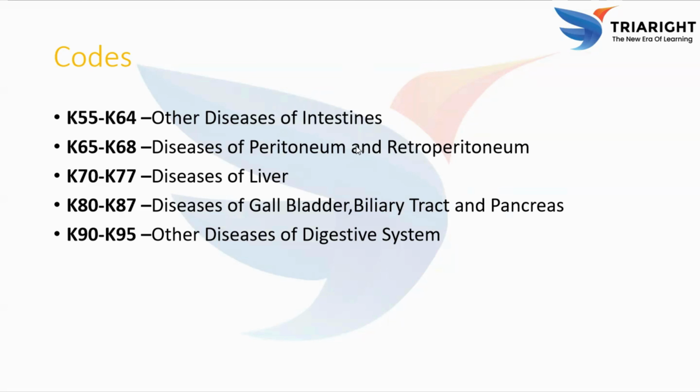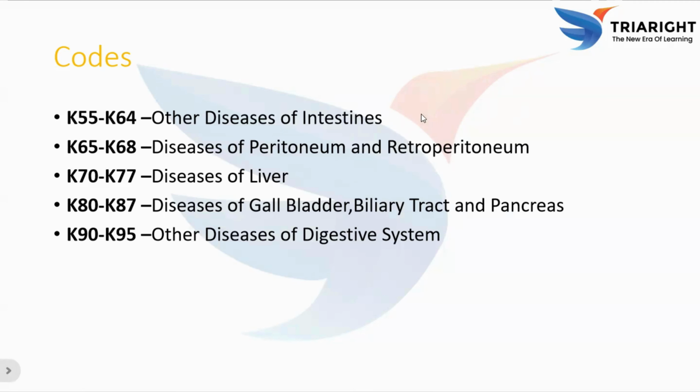What do you mean by peritoneum and retroperitoneum? The peritoneum is a thin smooth membrane that lines the inside of the abdominal cavity and covers most of the abdominal organs. It acts like a protective covering and also helps the organs move smoothly against each other when you breathe or digest food. Whereas retroperitoneum, retro means behind.